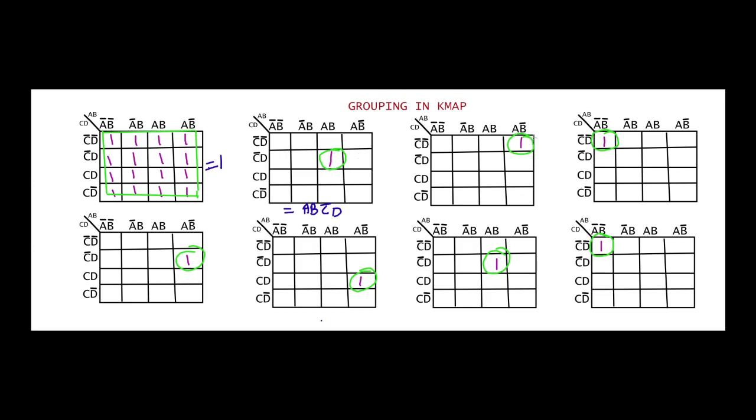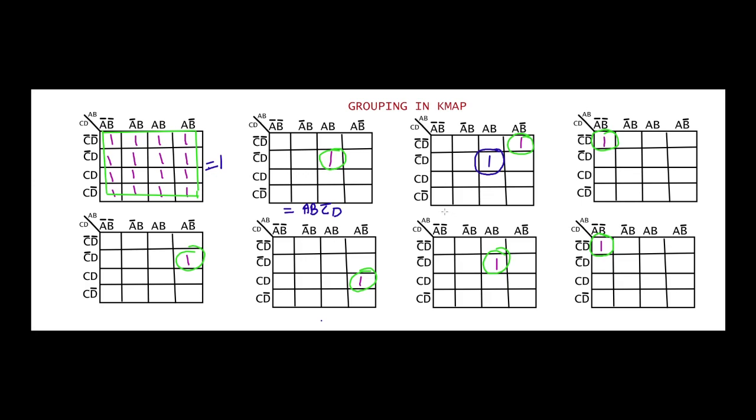So here if I have one here, and for example just consider I also have somewhere else one here. So can I group this both? No, I can't group. I should individually take this to be separate group and this to be separate group. Now the answer for this can be, for this one, what are the common variables? You have A, B bar, C bar, D bar.